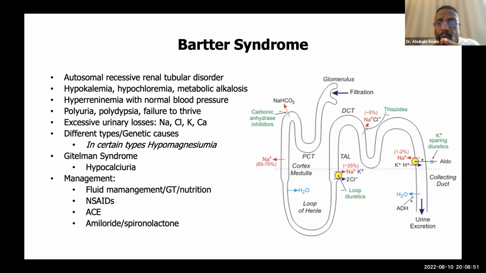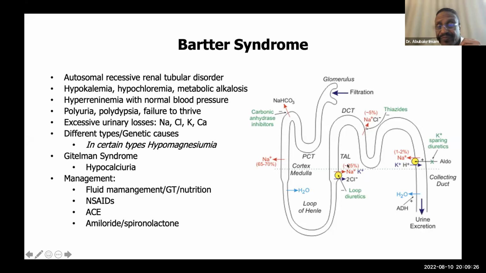Now, why metabolic alkalosis? Because we have to remember that when we are dealing with Bartter, we are dealing with a disease that causes, depending on the cause, chloride wastage. So what happens if your defect, let's say the Bartter problem is happening here, the body is wasting a lot of chloride going into the tubules because the transporter here is reversed. In the other direction, the chloride will come here.